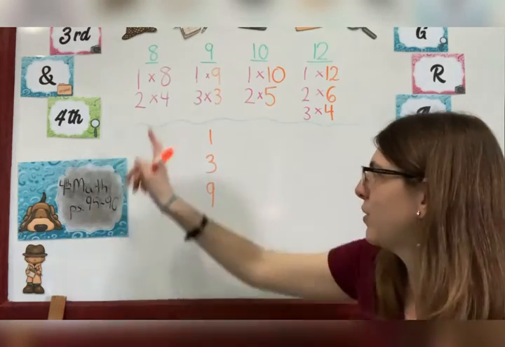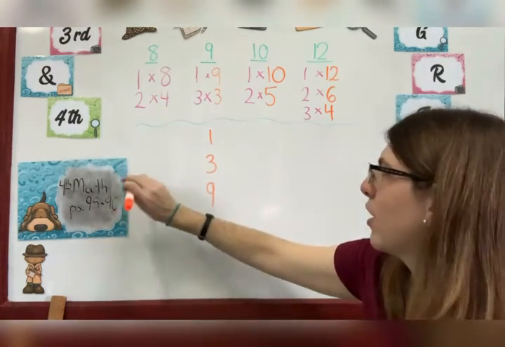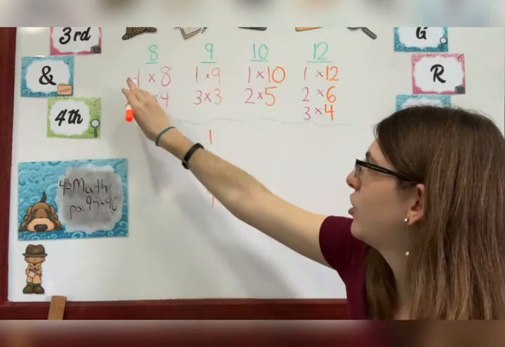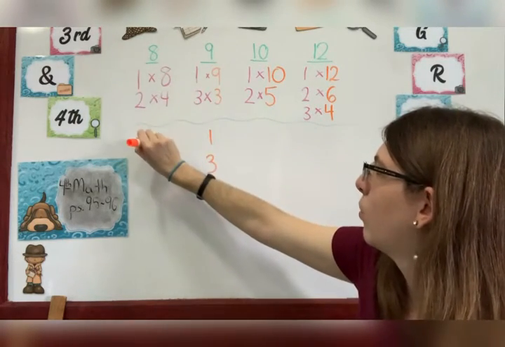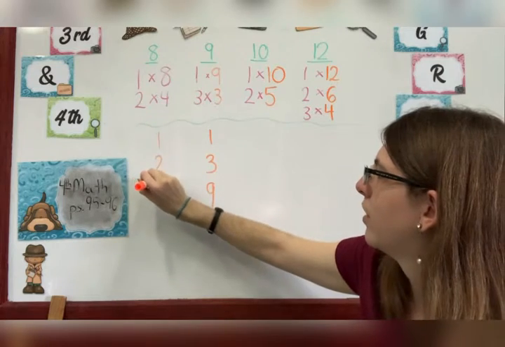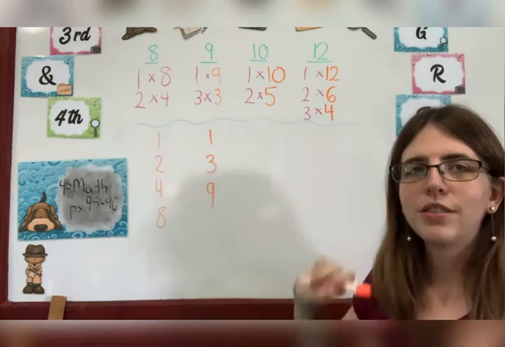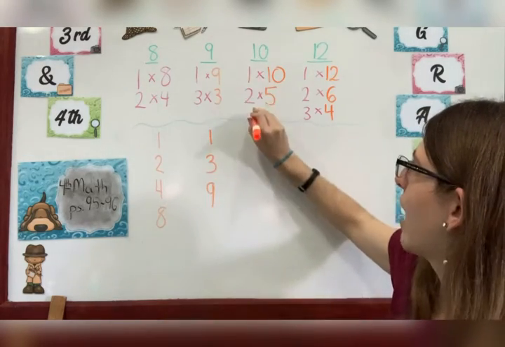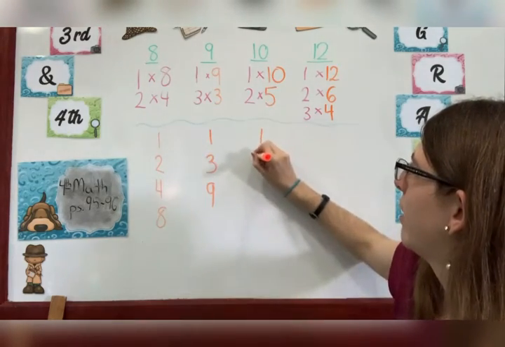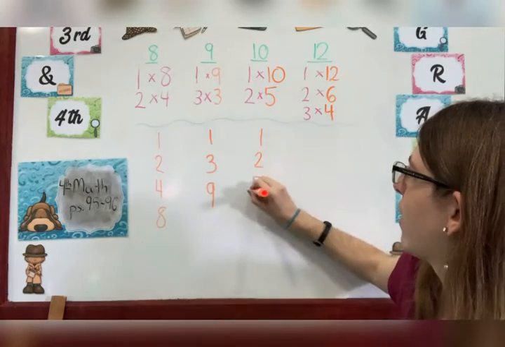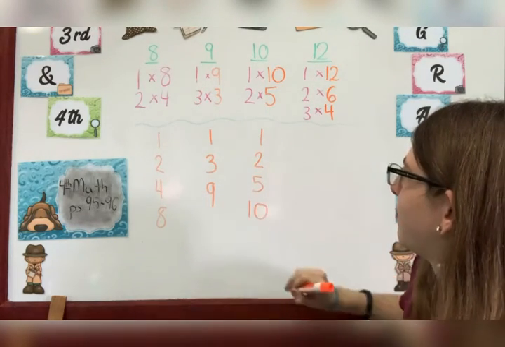All right, let's do 8. It's already done on your paper, but do it on the board with me. So let's just go down and up. 1, 2, 4, 8. Do the same with 10. Go down and up. 1, 2, 5, 10.